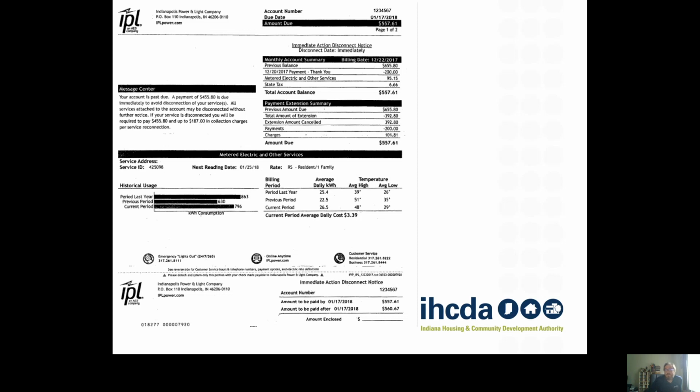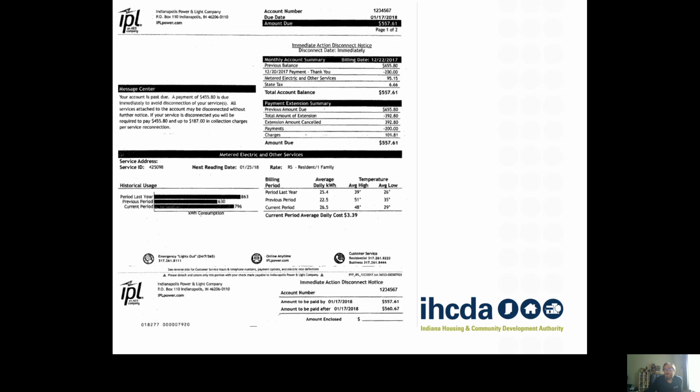So obviously we could cover 200 of that with crisis, and because it's electric, unless it's a total electric household, they'd only be eligible for $125 regular. So we'd be looking at a total of $325 that we could pledge.